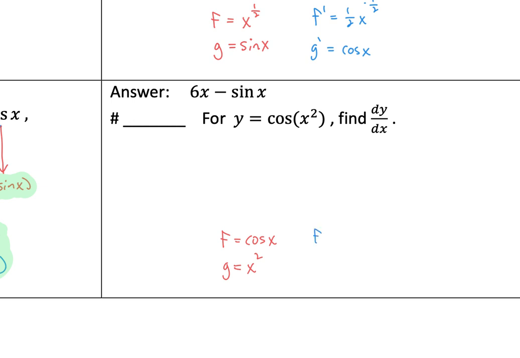Okay, take derivatives. And the formula for chain rule says you plug g into f prime. So replace the x in f prime with g, which is x squared.